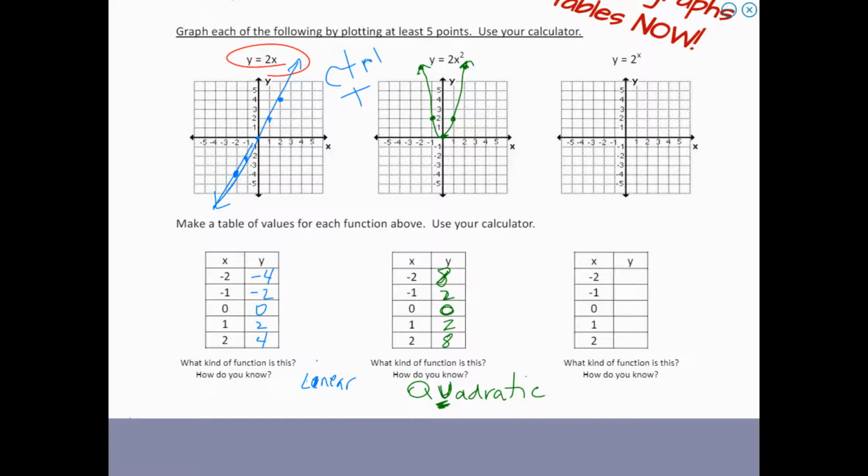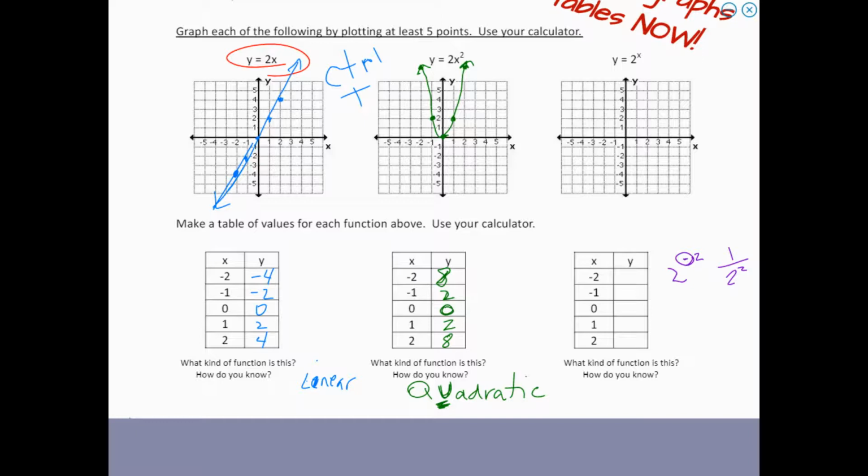So the last one is 2 to the power of -2. What do you get when you raise 2 to the power of -2? Oh, you're talking about the graph.